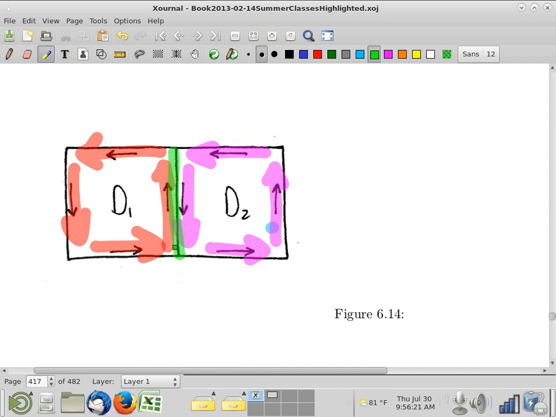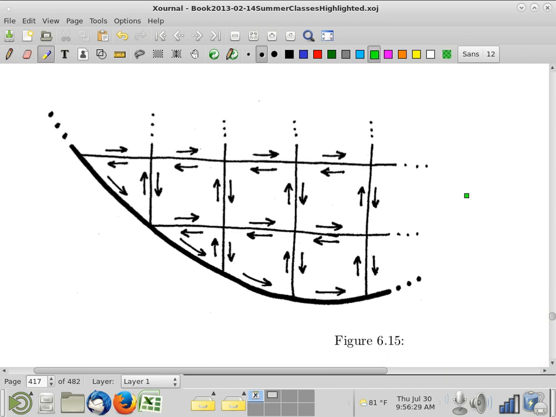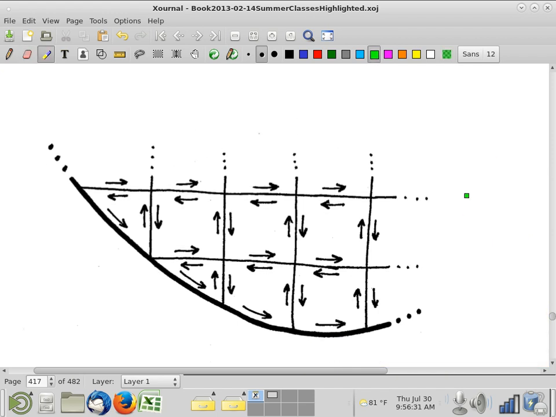So interior pieces cancel. And you can see a sort of generalization of this in this picture. We have this great big region. I'm focusing in on one little small part of it. And the summation of the boundaries of the various pieces, you can see I have them drawn on here.